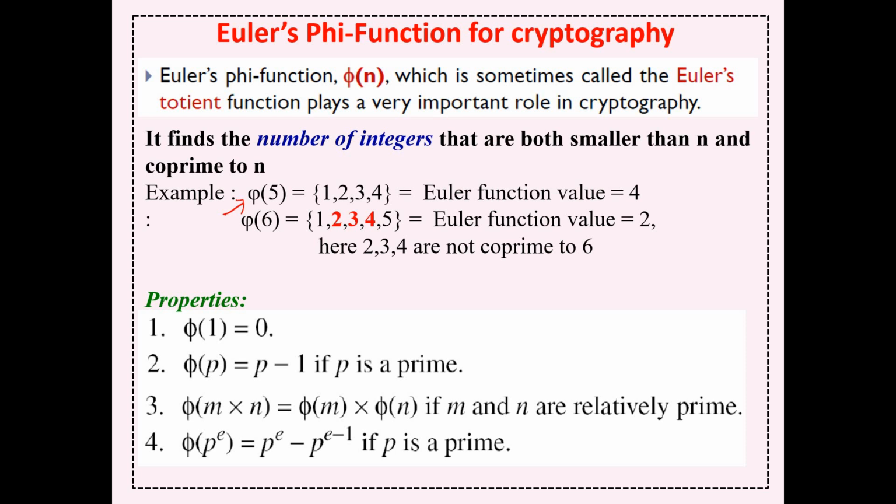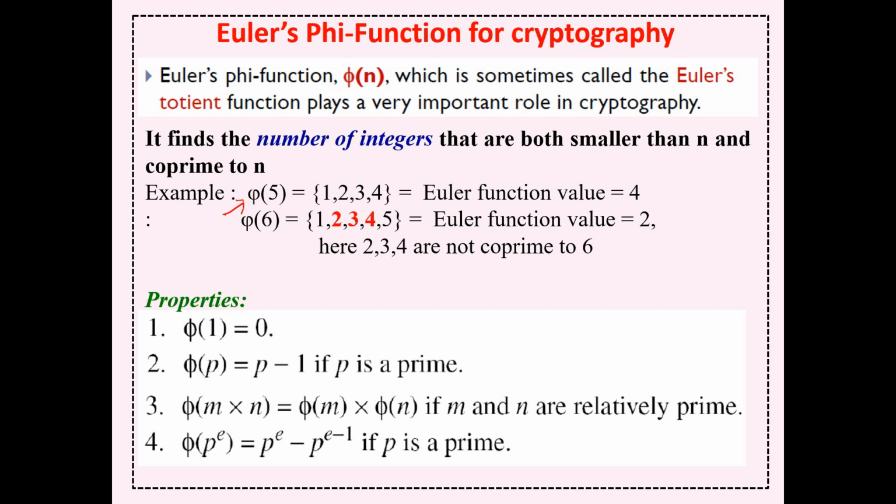Now, if you observe carefully, to make it generalized, first rule you apply, phi of 1 will always be equal to 0. So anywhere you get a 1 as a number, if you are applying the Euler's theorem, phi of 1 will always be 0. But the important part is the second one. If p is a prime number, then phi p can be written as p minus 1.